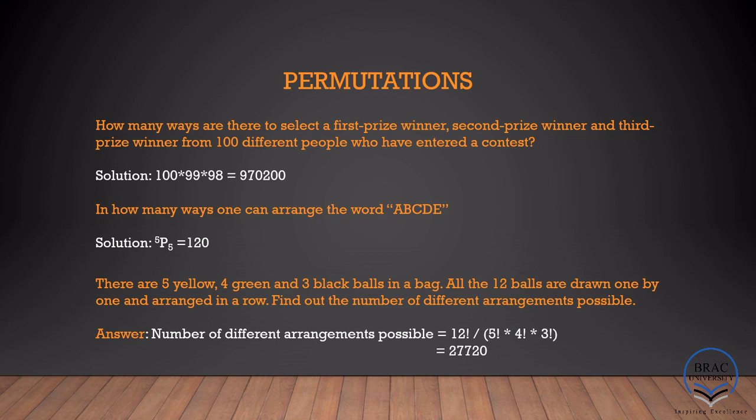We have seen in the theory that we can arrange the 12 different balls in 12 factorial ways, but as 5 of them are of the same color, 4 of them are of the same color, and 3 of them are of the same color, we have to divide by 5 factorial into 4 factorial into 3 factorial. So the answer is 12 factorial divided by 5 factorial into 4 factorial into 3 factorial.